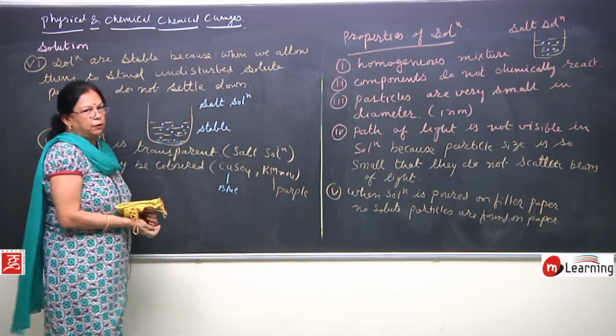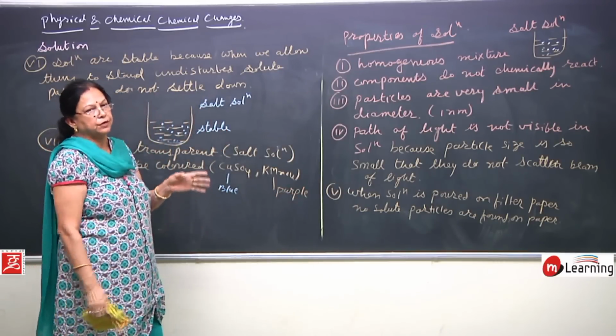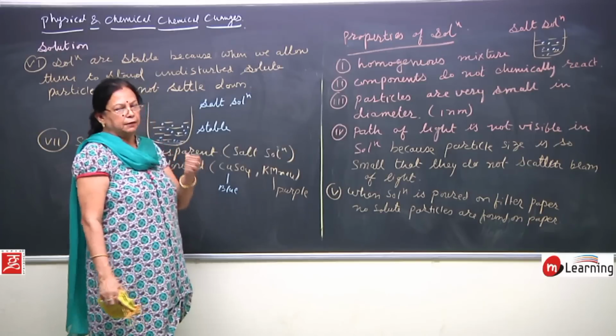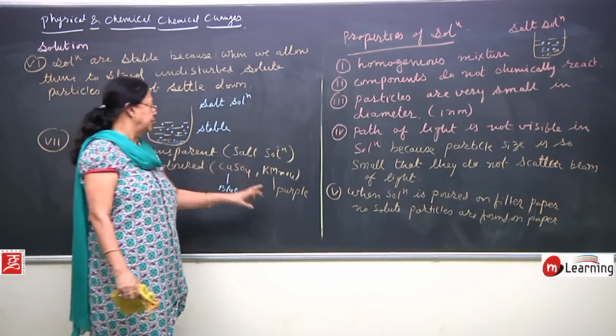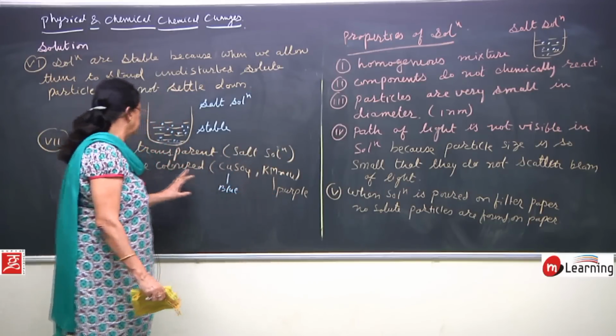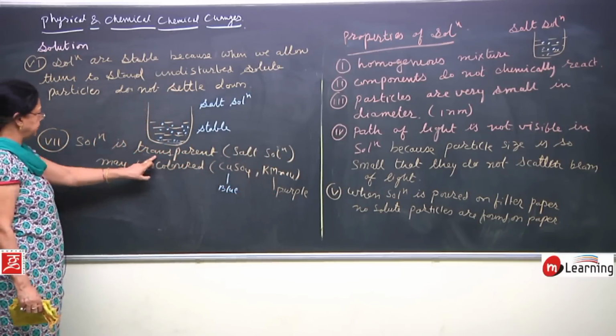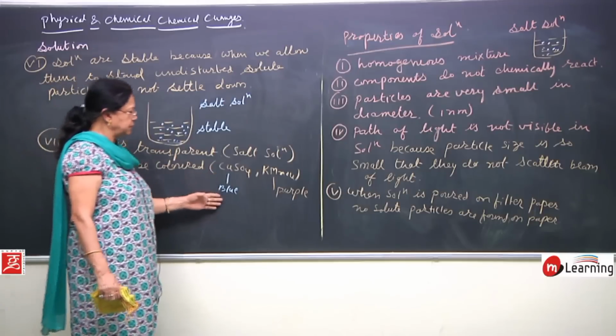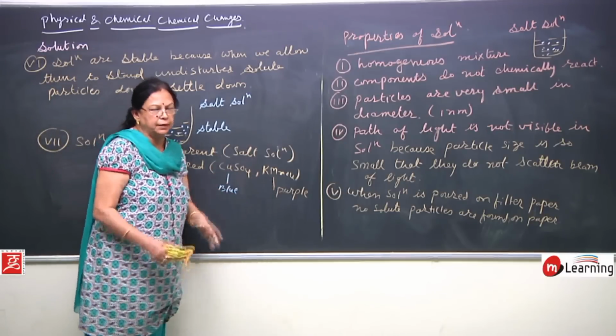Whether it will be purple or violet will depend upon the concentration. If you have dissolved more of KMnO4, then it will be purple. If you have dissolved less of KMnO4, then it will be violet, right. So, solution is transparent, it may be colored, for example, copper sulfate solution or potassium permanganate solution.